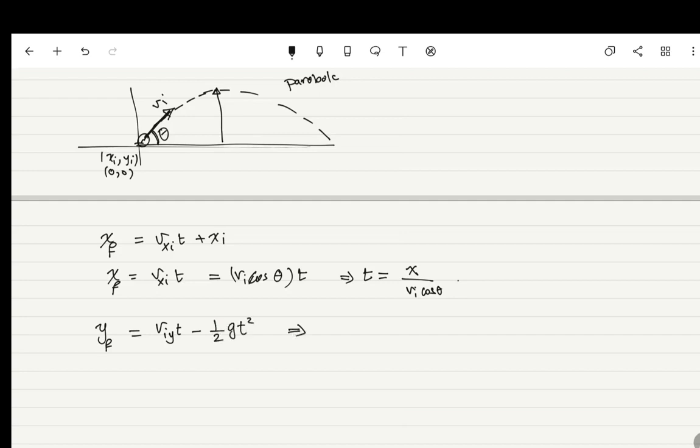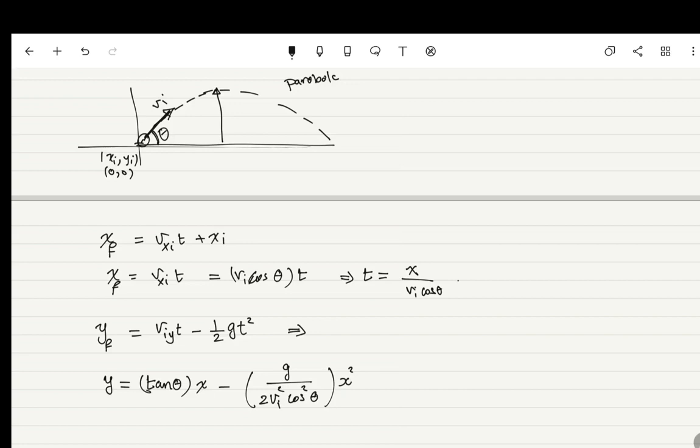You substitute t back in this one here, and you end up with y, no need to say final, equals tan theta x minus g divided by 2 v initial square cosine square theta, multiplied by x square.